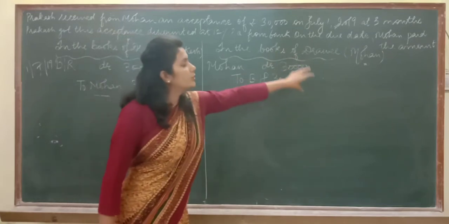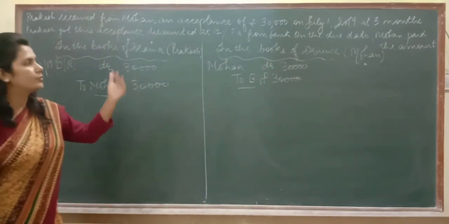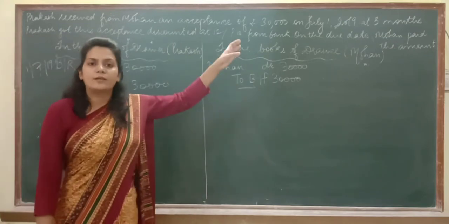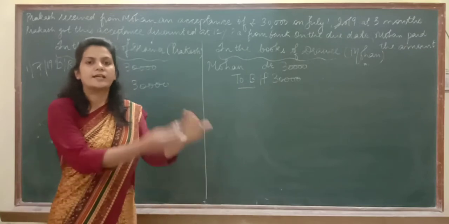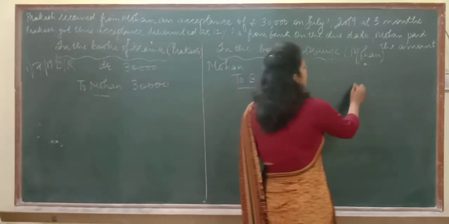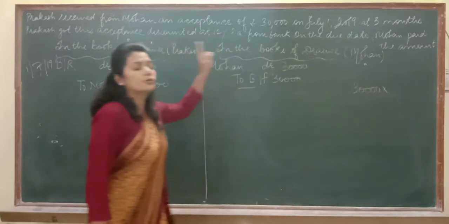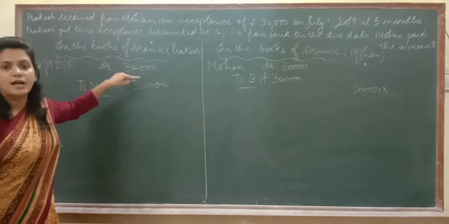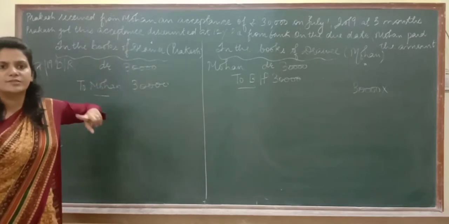Now on 4th of October, Mohan will make payment to Prakash, but Prakash needs money right now. So what Prakash did, the bill which was signed by Mohan, Prakash has given that bill to the bank and has taken money from the bank. The amount of the bill was rupees 30,000. Prakash was to receive the money from Mohan after 3 months, right? After 3 months he has to receive the money, no?